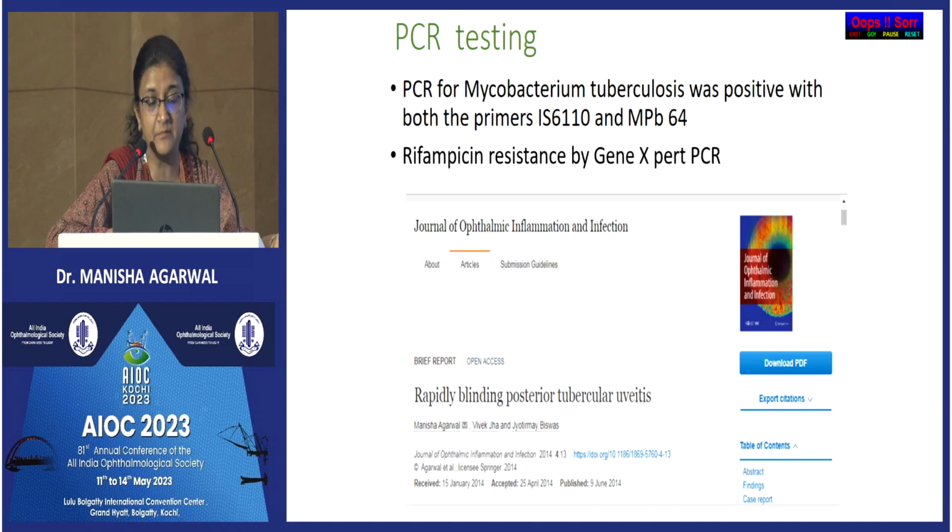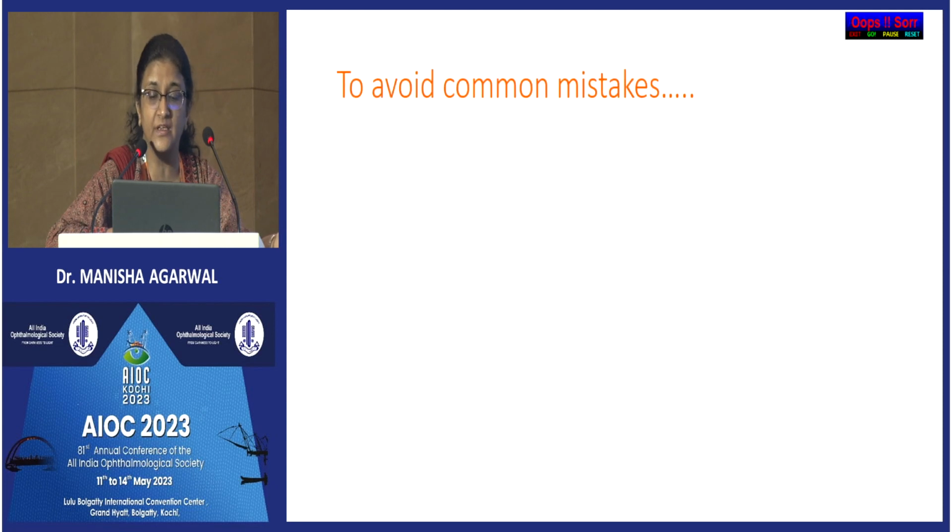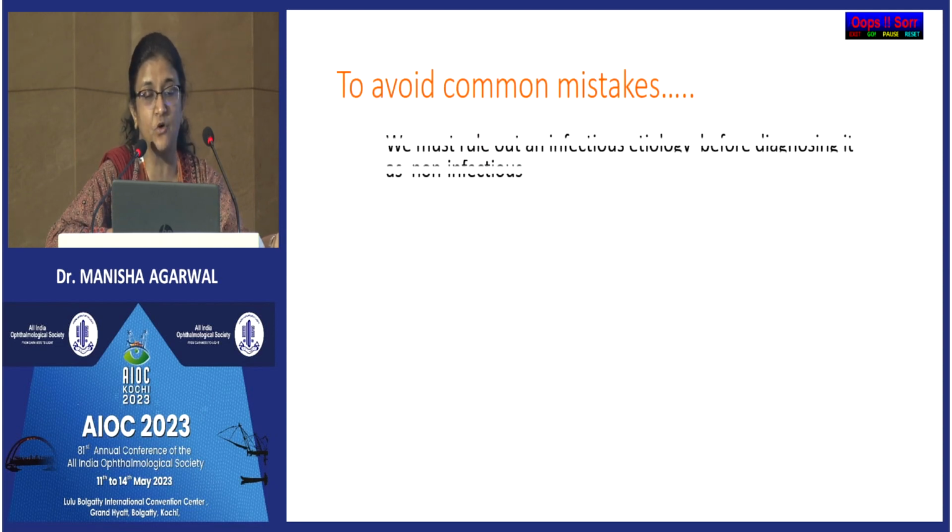So we went ahead and published this case also because this was a learning for us that you cannot just sit back and relax that you started the patient on ATT and steroids and everything is going to now fall in place. So you have to be open to revise the diagnosis if there is something which is not responding to your treatment or keeps coming back as a recurrence or keeps worsening despite being on treatment.